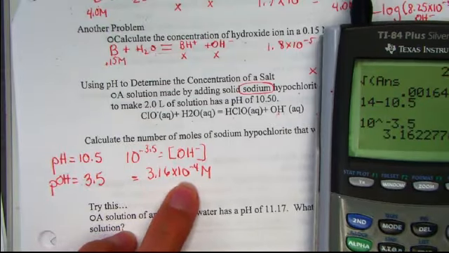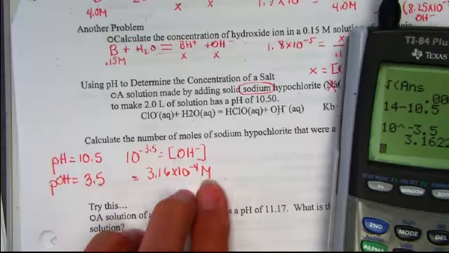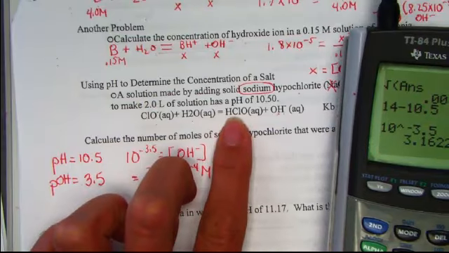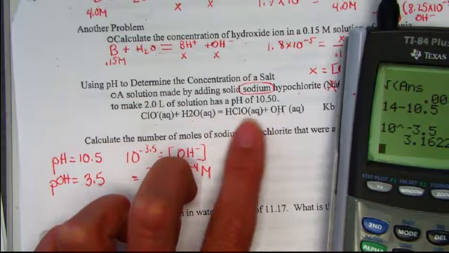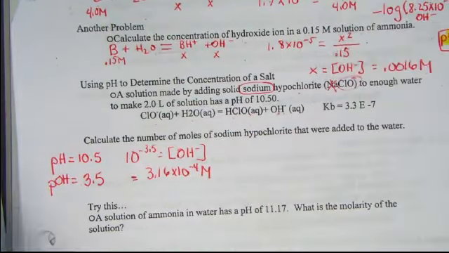The concentration of hydroxide, 3.16 times 10 to the negative fourth. And not only is it the hydroxide concentration, but it's also the conjugate acid concentration. Those two values are always equivalent, seeing that we end up with the same amount on both sides.